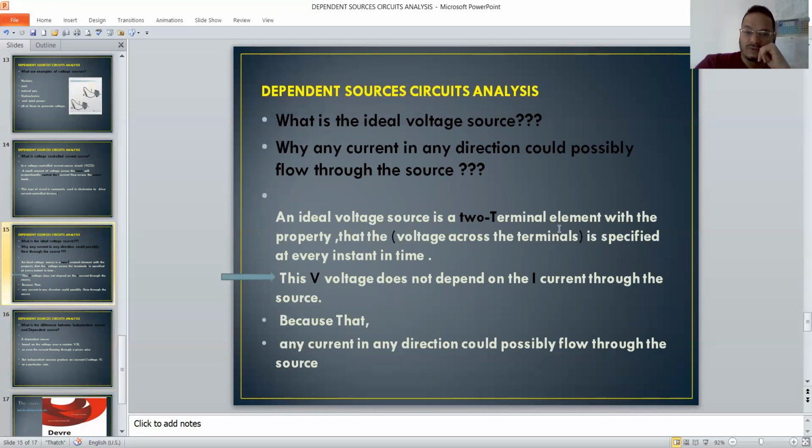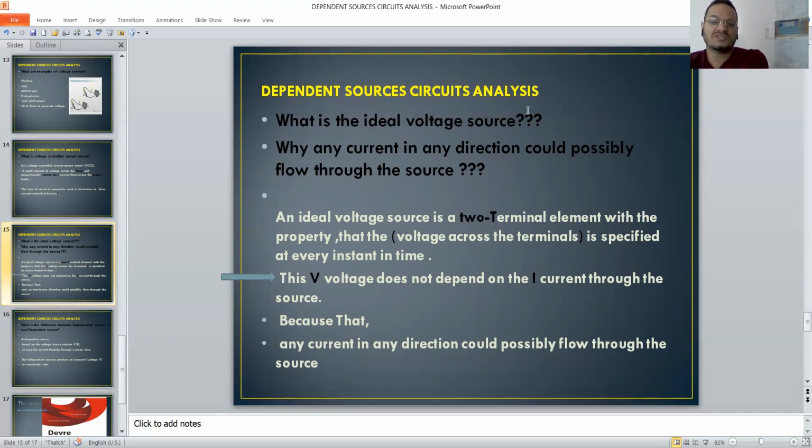What is an ideal voltage source? And why could any current in any direction possibly flow through the source? There is a relation between these two questions, because the answer is the same for both.